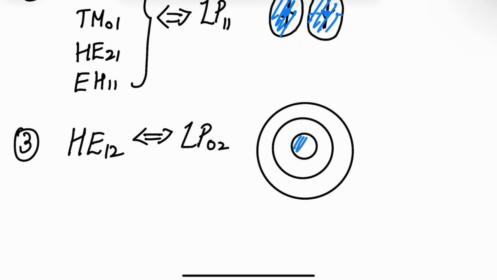I have a field distribution here, I have a null along rho, and I have another maximum. Basically, you have a null and another maximum like that.